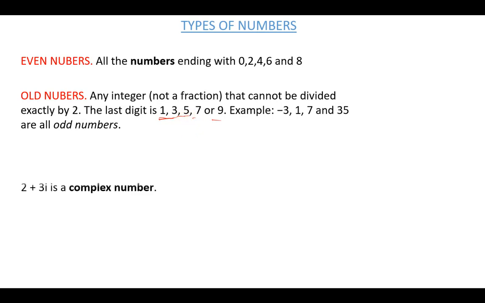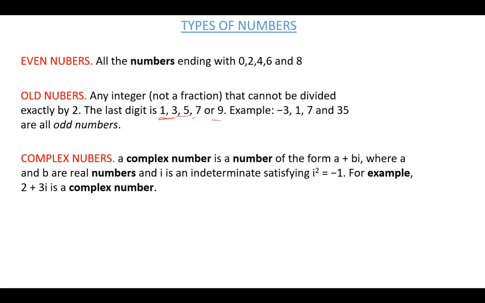Okay, so let's quickly look at what complex numbers are. So we're just looking at types of numbers. Complex numbers are simply numbers that can be written in the form a plus bi, where these are represented by z. So a plus bi, where a and b are real numbers.